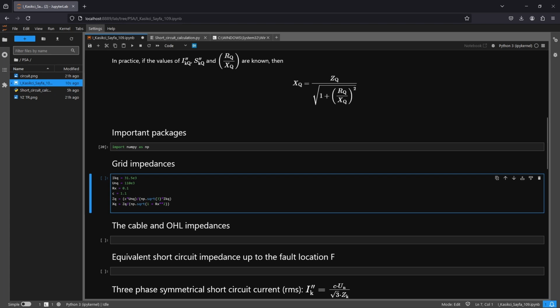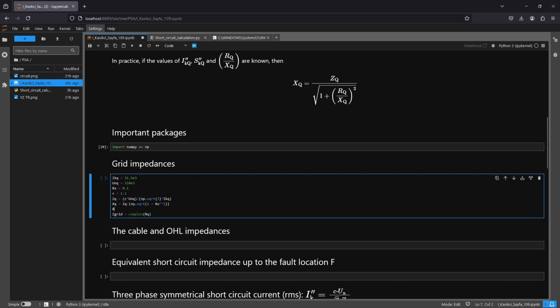If we want to calculate the complex impedance, let me call it Z grid, we can use the complex function. I didn't calculate RQ yet, which can be calculated from the ratio RX, multiplied by XQ.